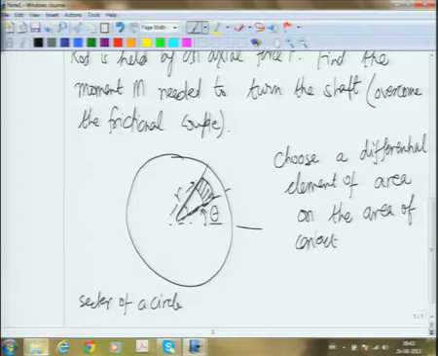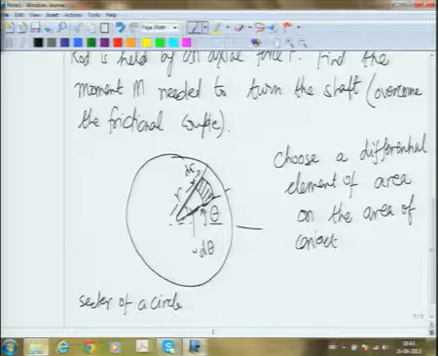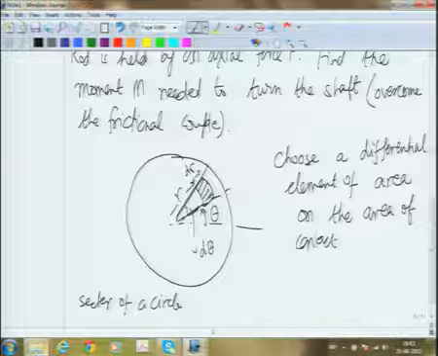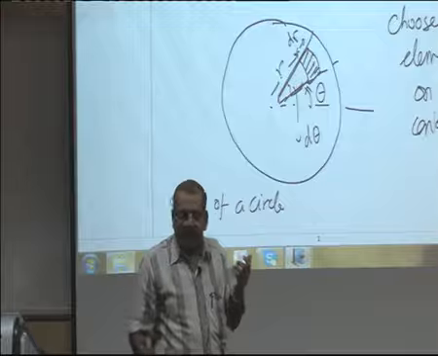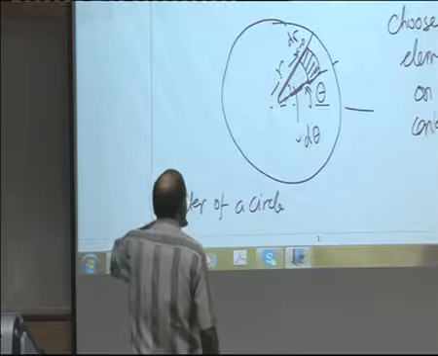It is located at a distance r, and this dimension is dr, and the angle which I have here is d theta. So, in all these problems, locating the proper element is the key to solving the problem.